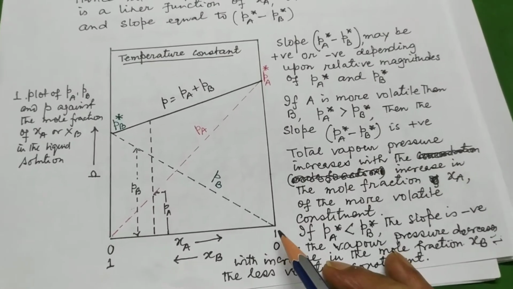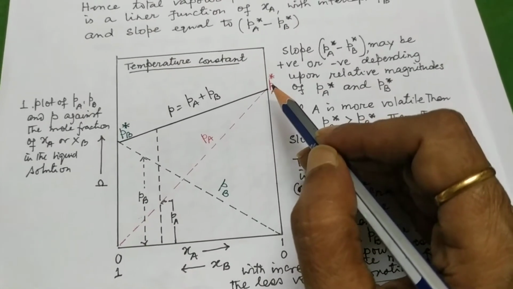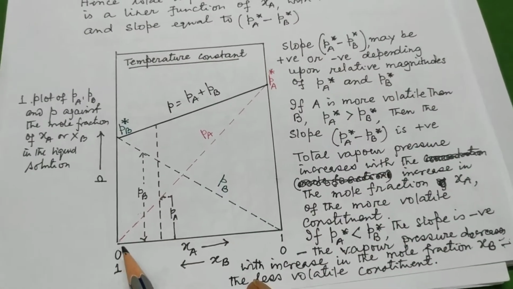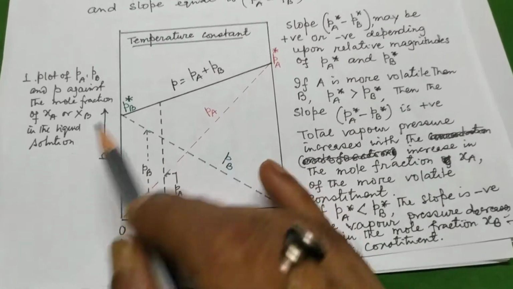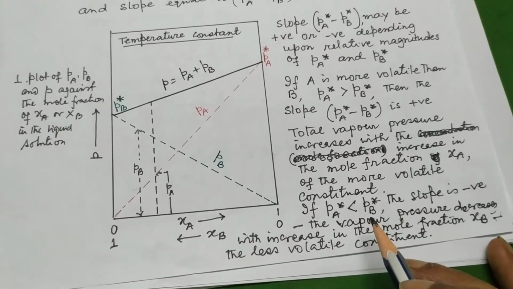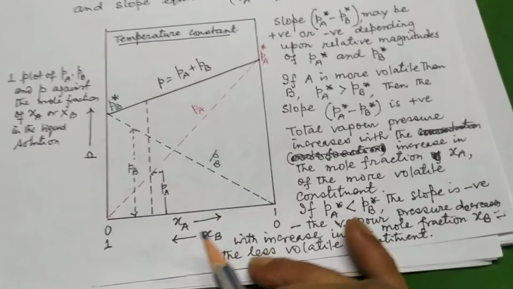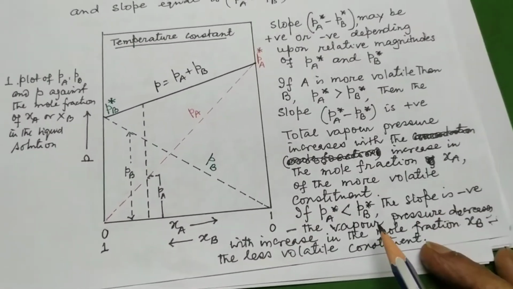As we increase the mole fraction of the more volatile constituent XA, the total vapor pressure increases. Here XA equals 1, this is the pure constituent A, so vapor pressure will be PA star. Here XA equals 0, there is a pure constituent B, therefore the vapor pressure will be PB star. Now if PA star is less than PB star, if B is more volatile than A, the slope is negative.